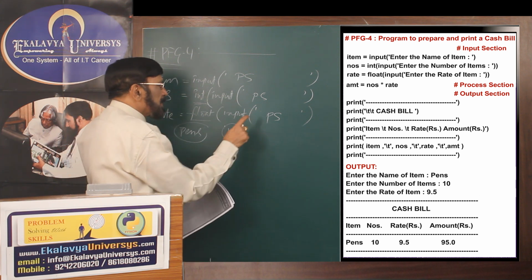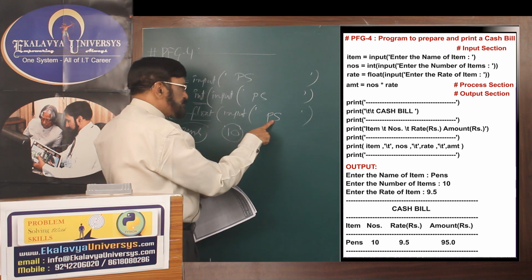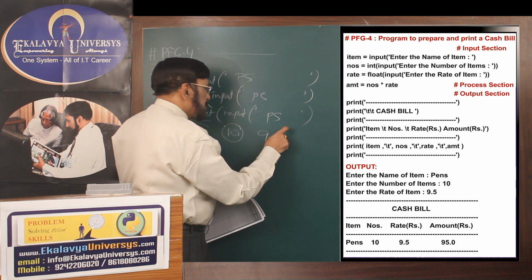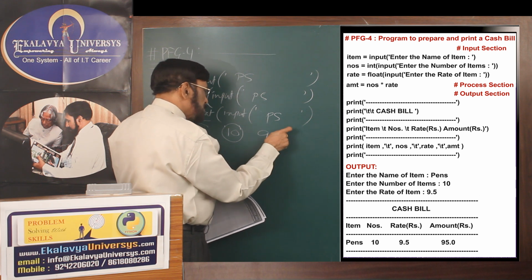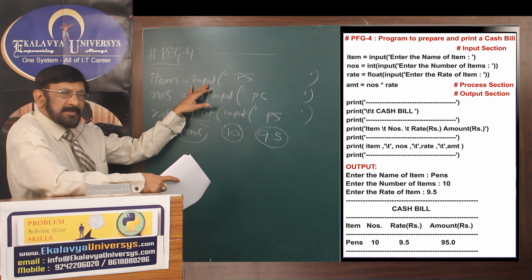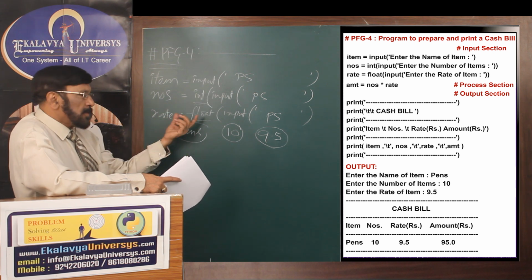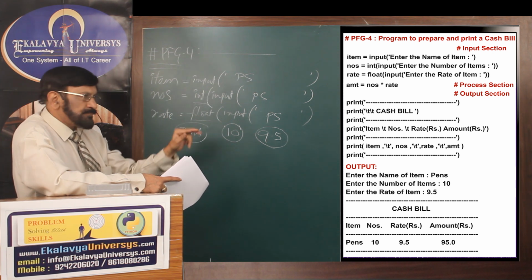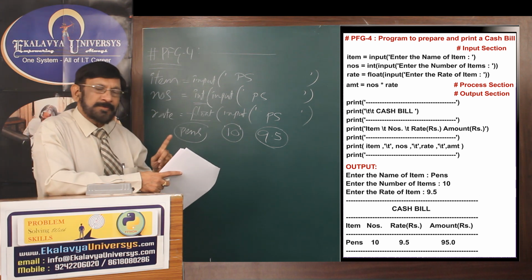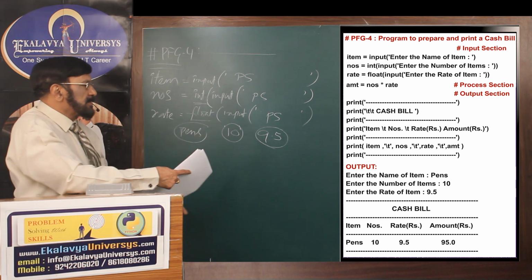Now, what is the third item? Enter the rate of the item. Rate of item 9.5. This also it reads like that. That means as far as pens are concerned, it's a name. It is a string. So taking it as a string is no issue. But as far as numbers are concerned, those are integer values. Integer values also it takes as a string.